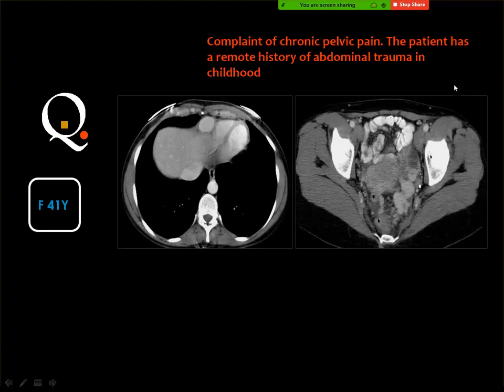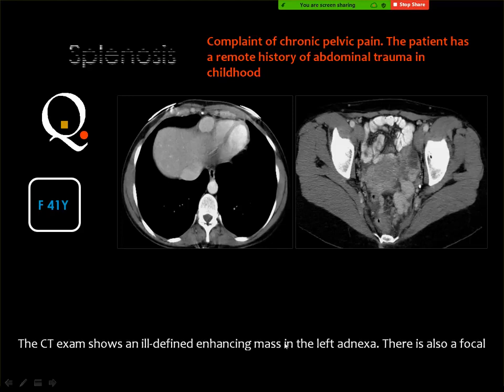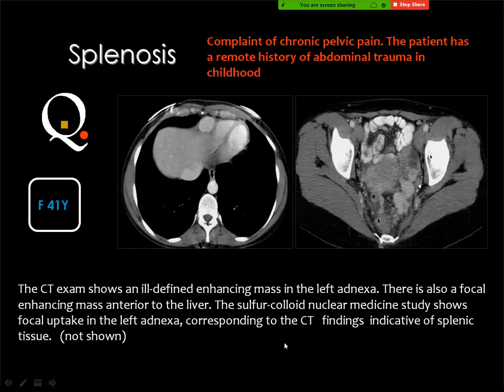This patient is complaining of chronic pelvic pain, and he has a remote history of abdominal trauma in childhood. The scan showed an abnormal lesion here, which is homogeneously enhanced, and multiple other lesions in the pelvis. Splenosis. Very good.